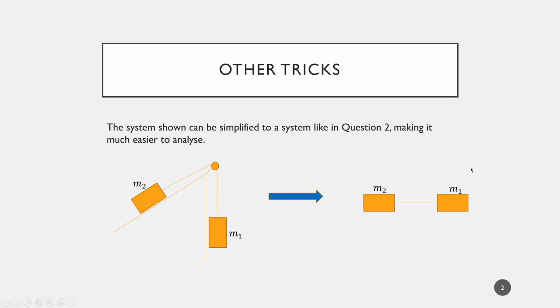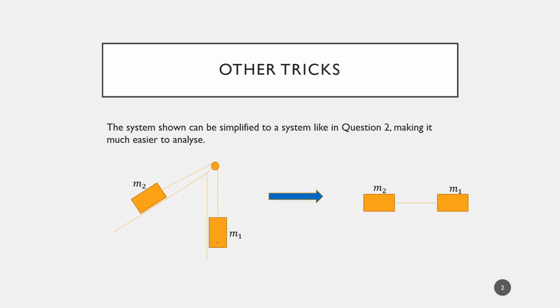Okay, now the way that we're going to do it is we're going to identify the forces that are acting on each of these objects, and then we're going to swing out those objects so that they're all in a horizontal plane. So let's look at the forces acting on M1 here.